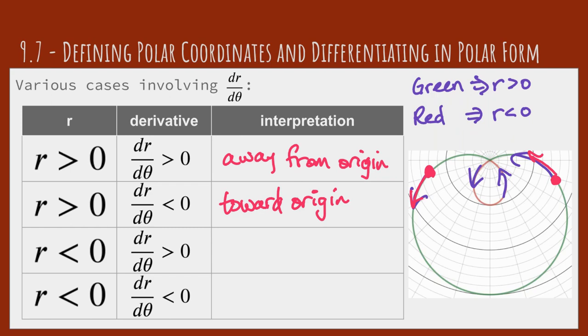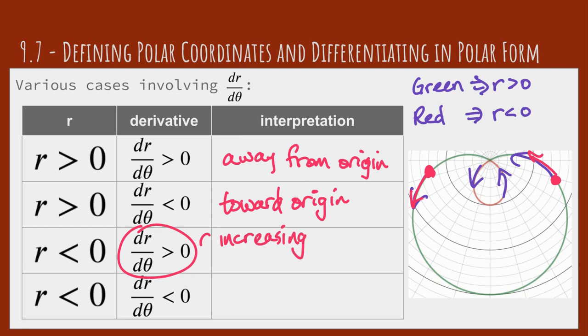Now, when r is negative, that tends to be where it's a little trickier to think about. So I'm looking at points along that red part of the curve, and r is negative and dr d theta is positive. So remember, dr d theta is positive. This means that r is increasing. I shouldn't say bigger. Let's use some more precise language.